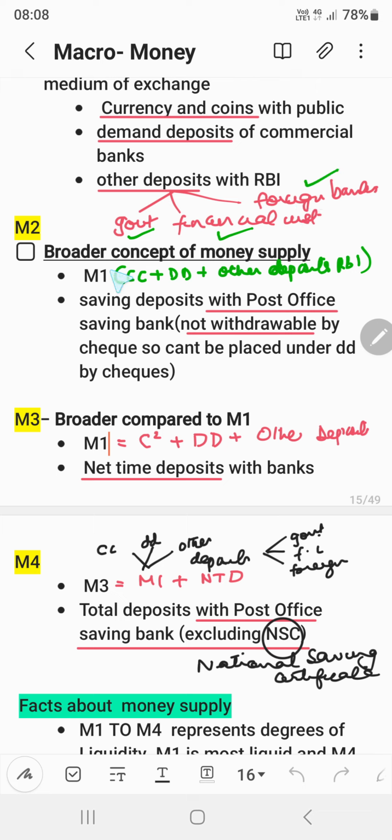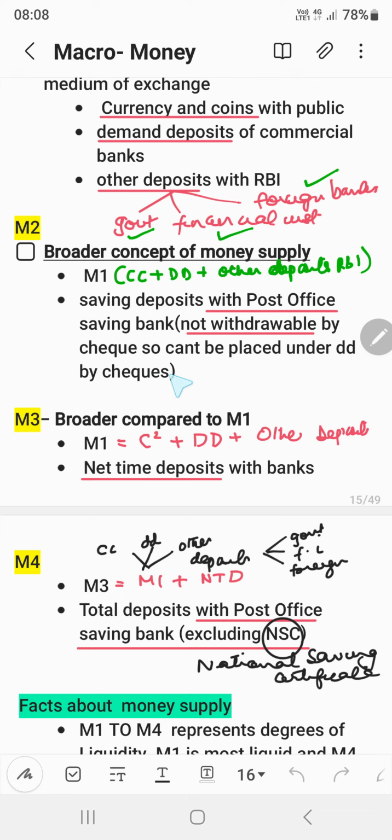So M2 includes M1 plus the saving deposits with the Post Office Saving Bank. But please remember, these deposits are not withdrawable by checks, so they can't be placed under demand deposits by checks.